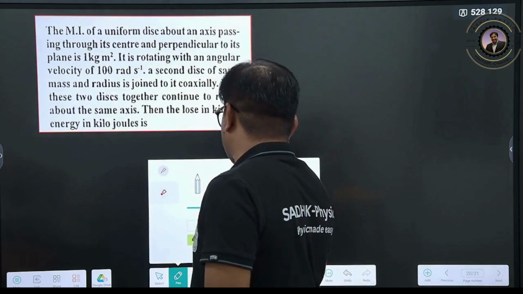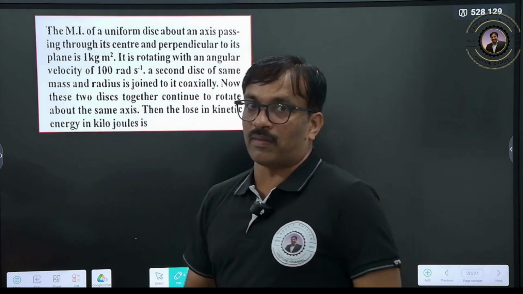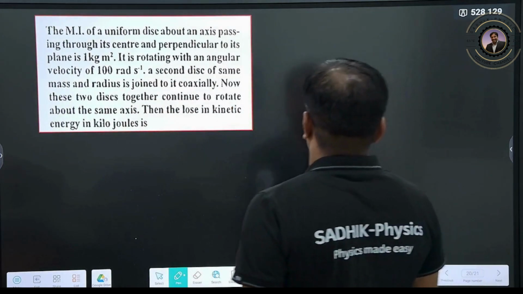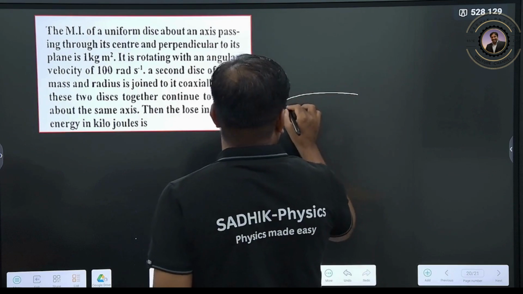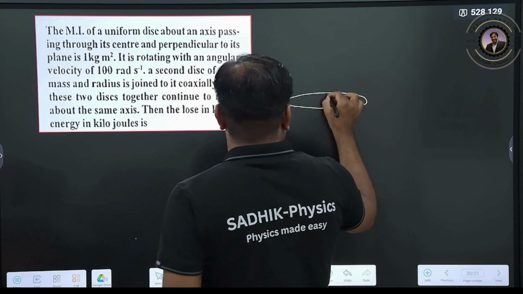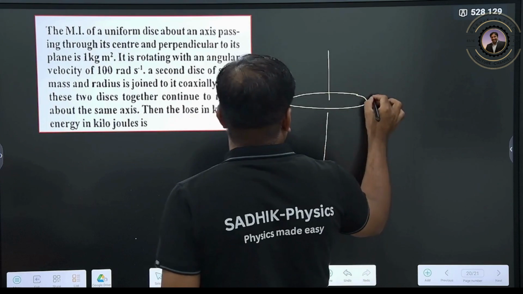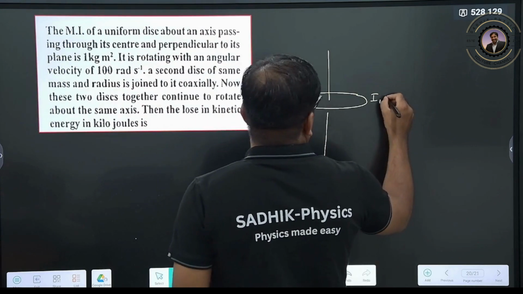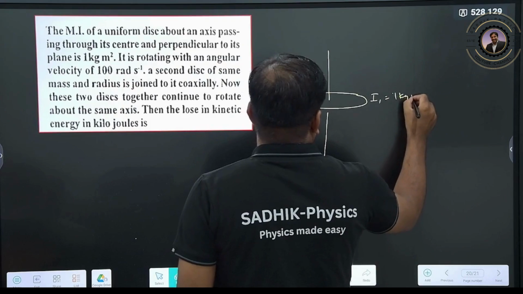So this is exactly the same way to solve the problems, like collisions. Here there is one disc, having moment of inertia I1, that is 1 kg meter square.